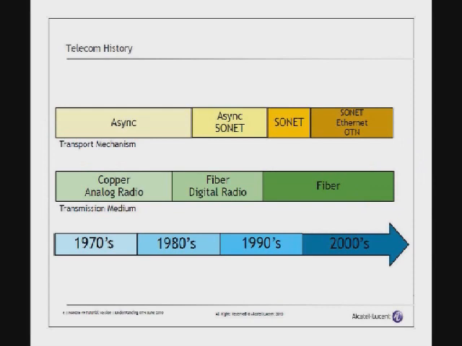History, where this all began, and I only went back into the 70s because that was probably the culmination of and where the change really began. Up until that point, everything was in an asynchronous environment, running over copper, and then over time we began to see analog radio as the transmission medium.